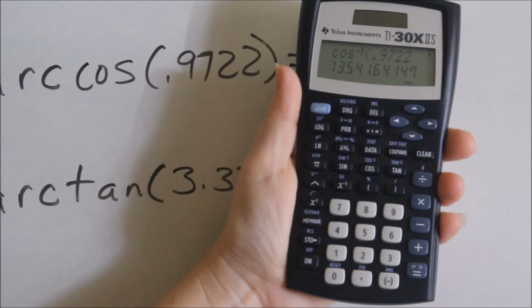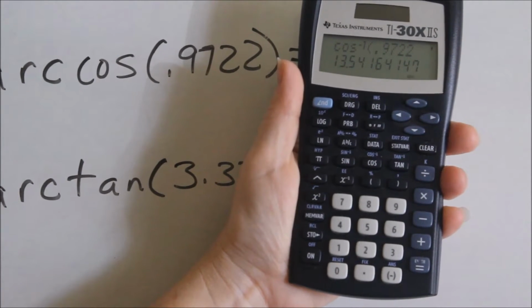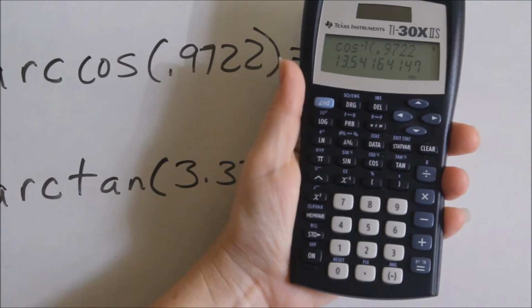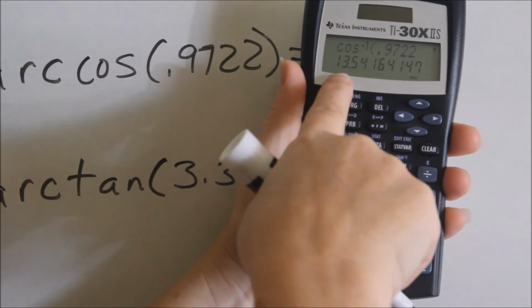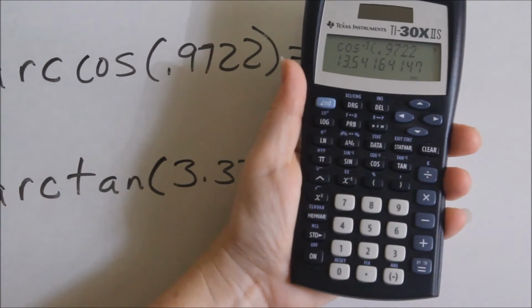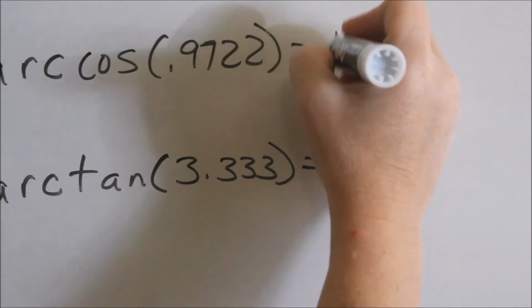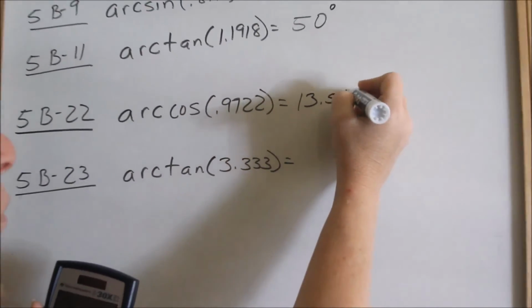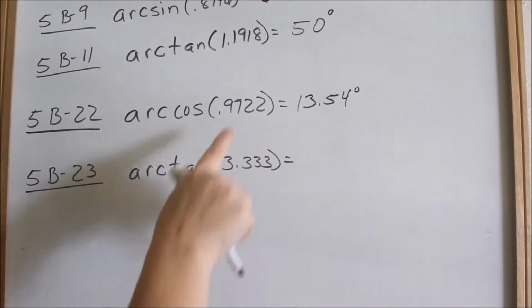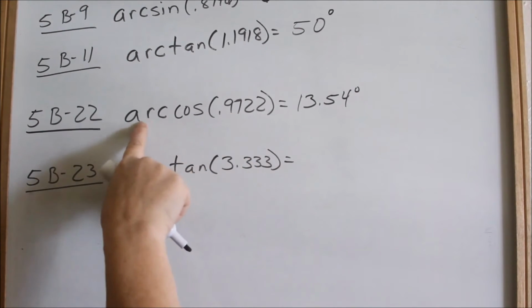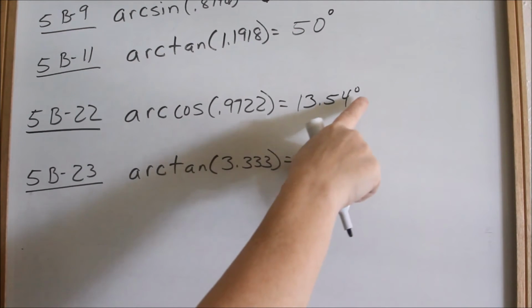Now I hit enter, and I'm rounding to 2 decimal places because they are asking for the hundredth place. I have 13.541, so I can round to 13.54 degrees.